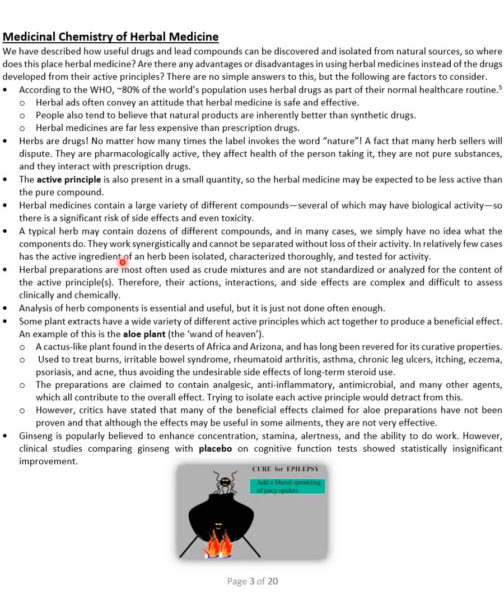In fact, sometimes these components work synergistically, which means they help each other, adding their effects together to produce the desired pharmacological effect. And when you try to separate each component by itself, it has no pharmacological effect. So the pharmacological effect will be lost from this herbal.